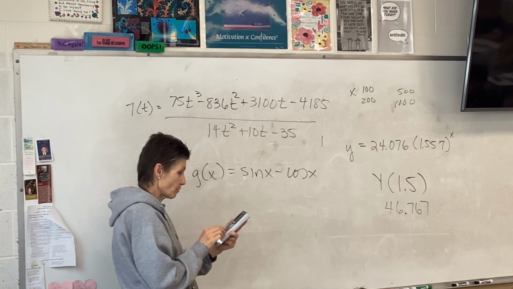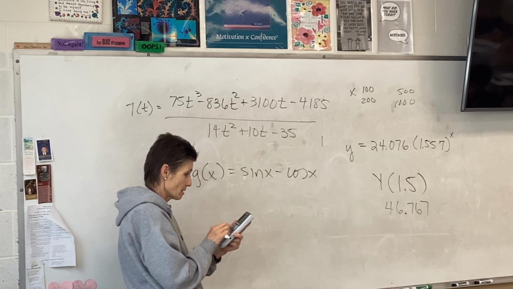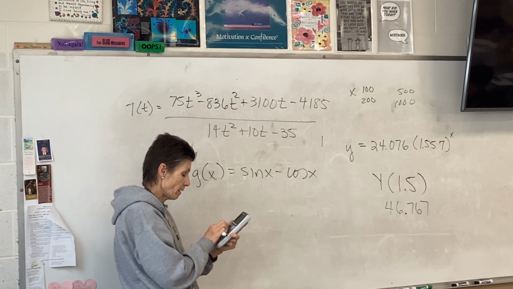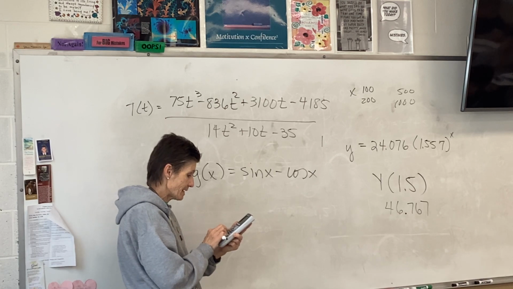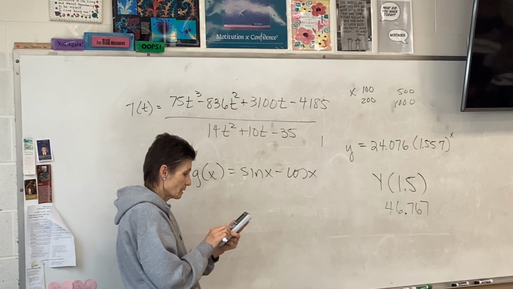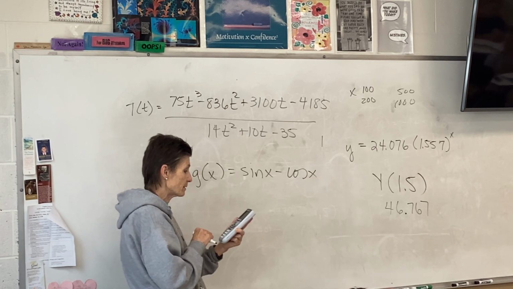I think I'm going to graph it from negative 2 pi to 2 pi, because I see some negative numbers in my answers. And boy, I'm not going to have to go very high on the y, so I'll just do negative 2 to 2.